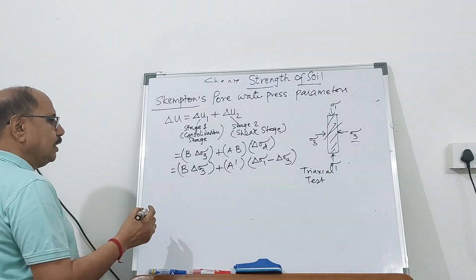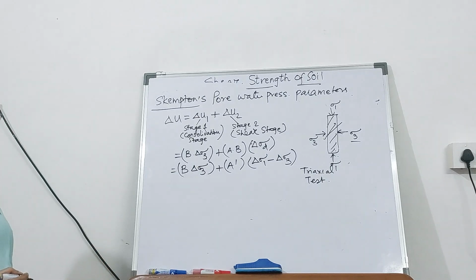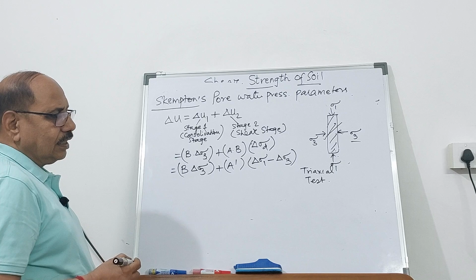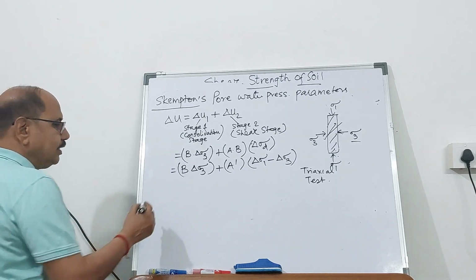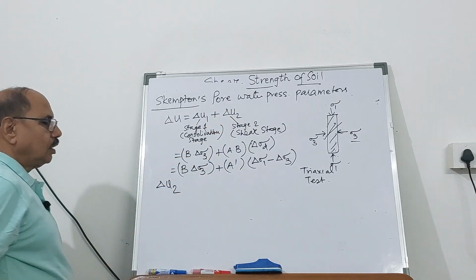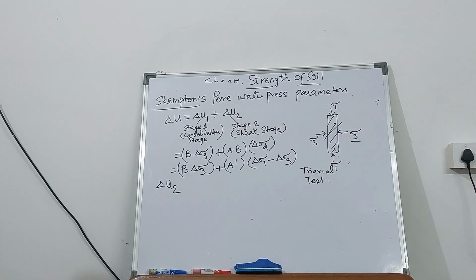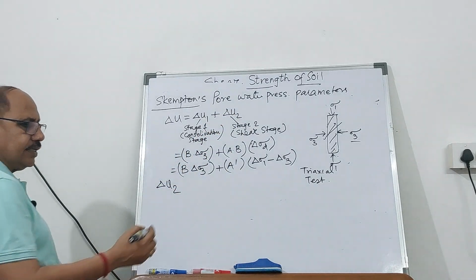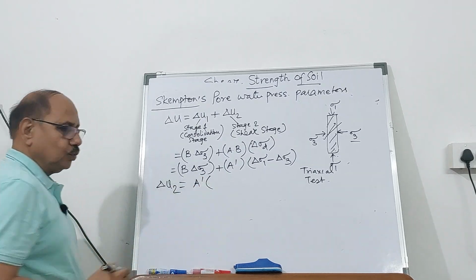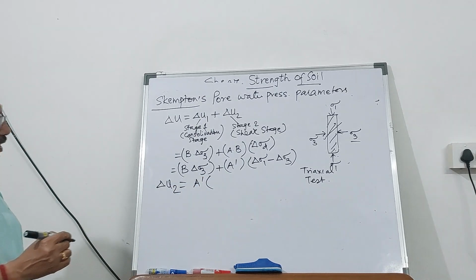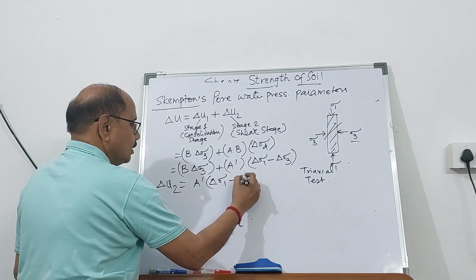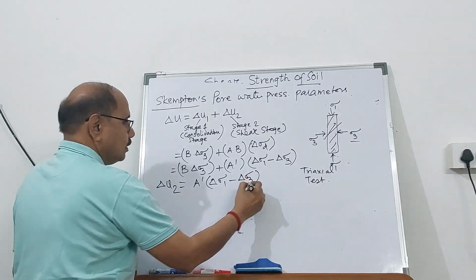You know it. And therefore, we can say that the value of this delta U2 is, in a very simple way, A prime into delta sigma 1 minus delta sigma 3.